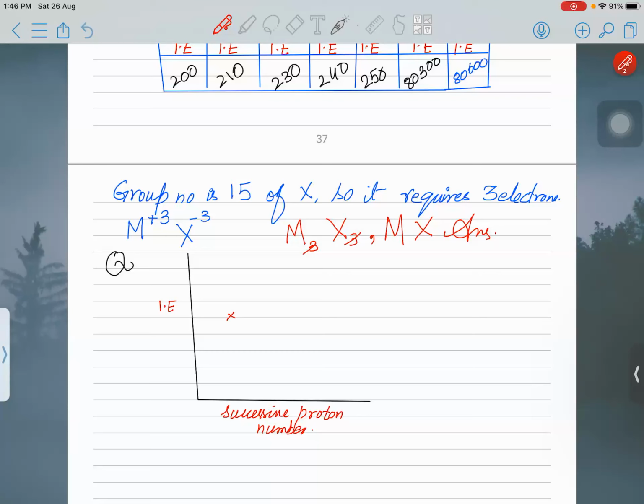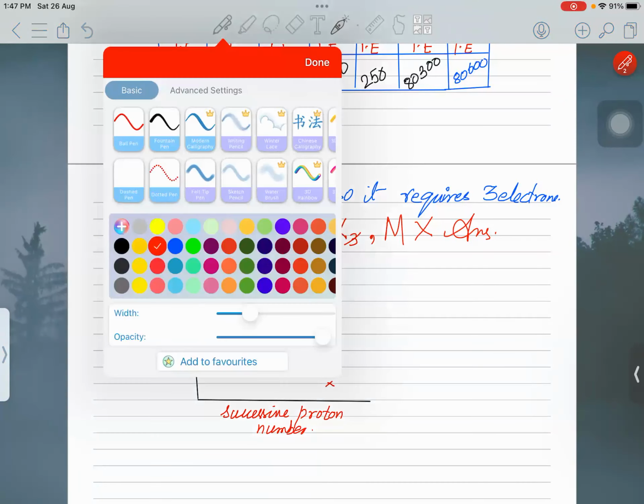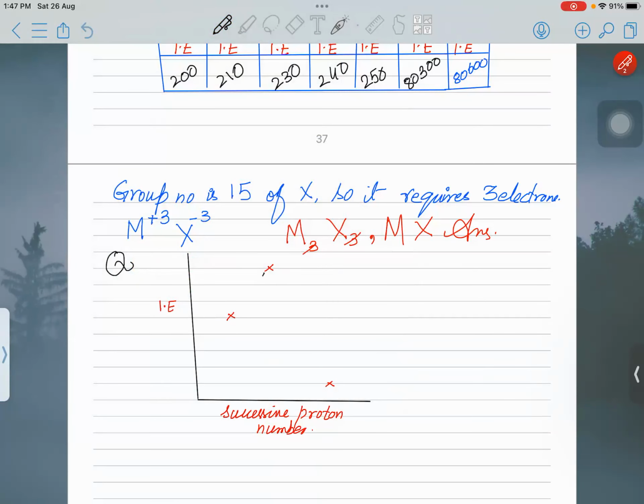Here you have A, here you have B. This is A, this is B, this is C. This is a big jump.